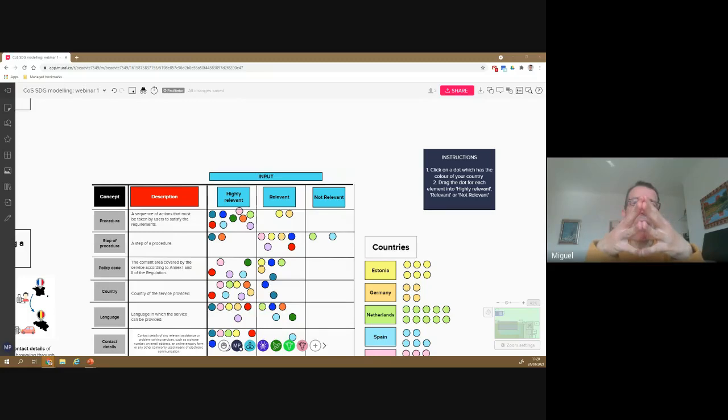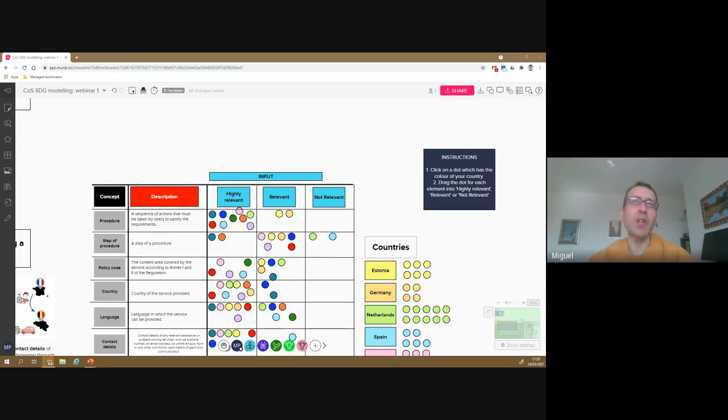But of course, we cannot miss the perspective that behind the Your Europe portal, the citizen at some point will be redirected to the national or different governmental websites of the different countries, where you will have the more detailed information. So this is about striking a balance.